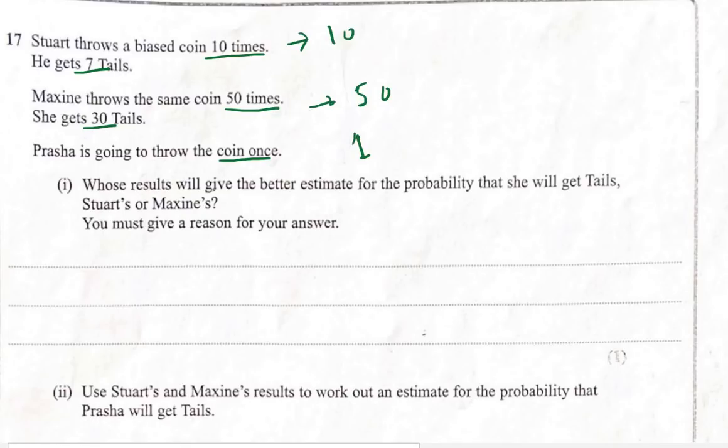So how do you do this question? Sorry, I mixed up the question. Stuart throws a biased coin 10 times, and Maxine throws 50 times. So whoever tries the most will get the fairer answer.